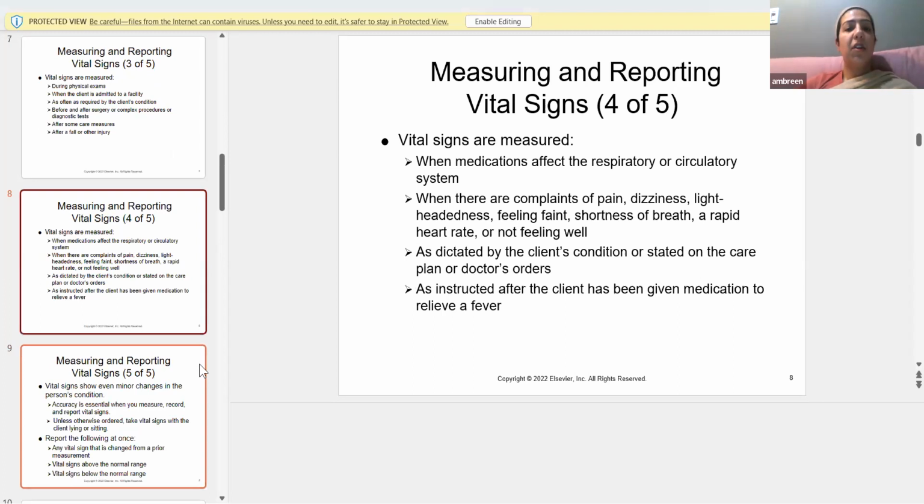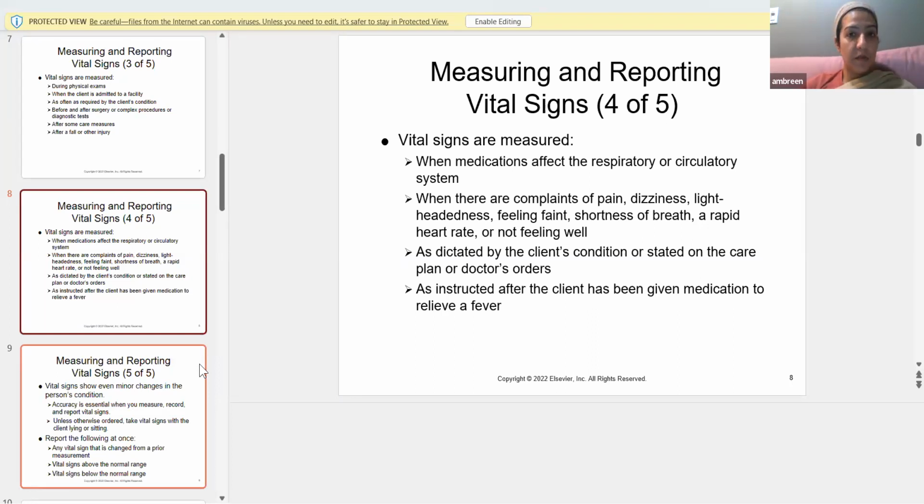Vital signs are measured when medications affect the respiratory or circulatory system. Let's say you have a client, he's already with you, you know everything about him, but we started this patient on a new medication. We don't know how this medication will affect him.